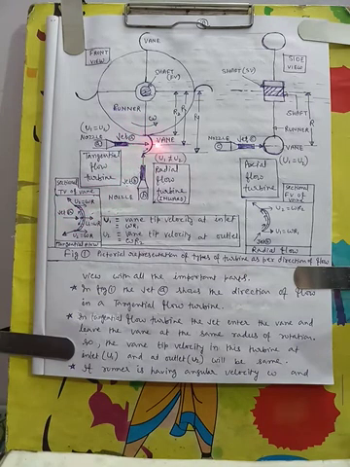The top view of this vane will be like this, and at the same radius the jet is impacting here and coming out here and here.